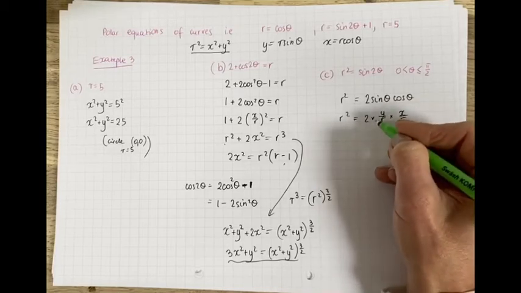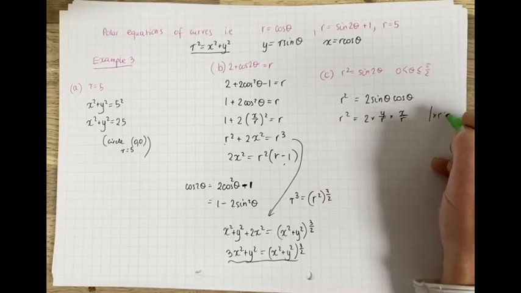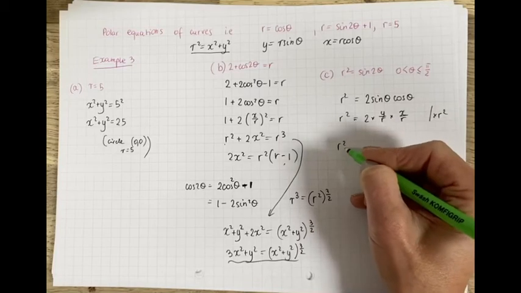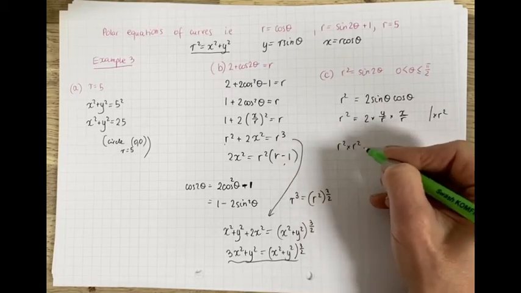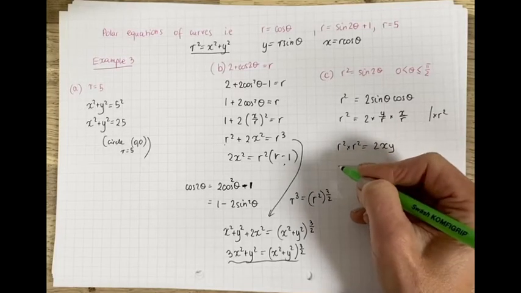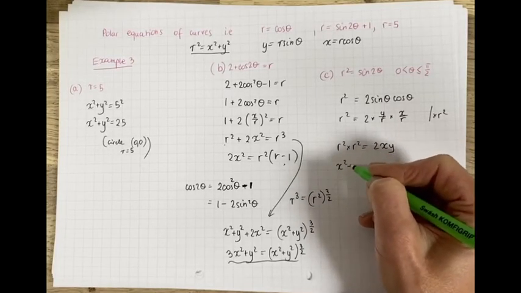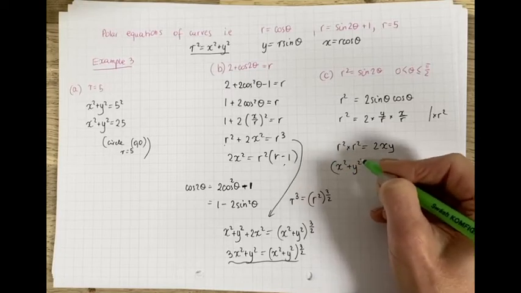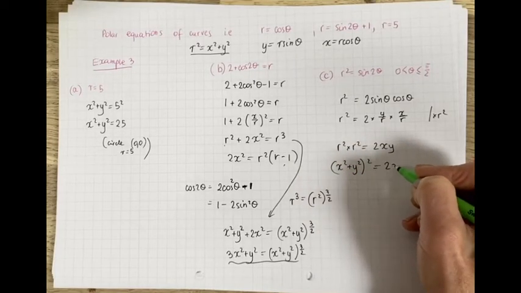So let's times it by r squared. You've got r squared times r squared is equal to 2xy. So here you've got x squared plus y squared all squared is equal to 2xy.